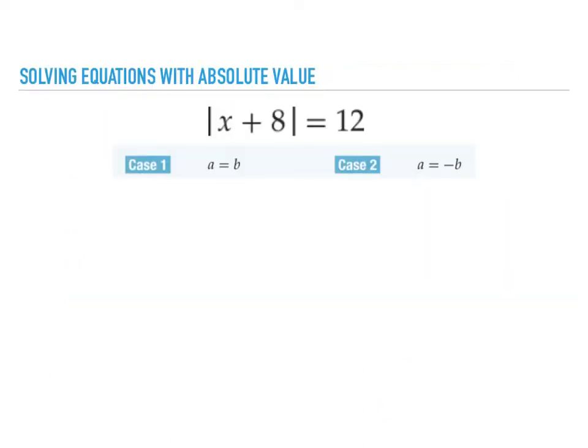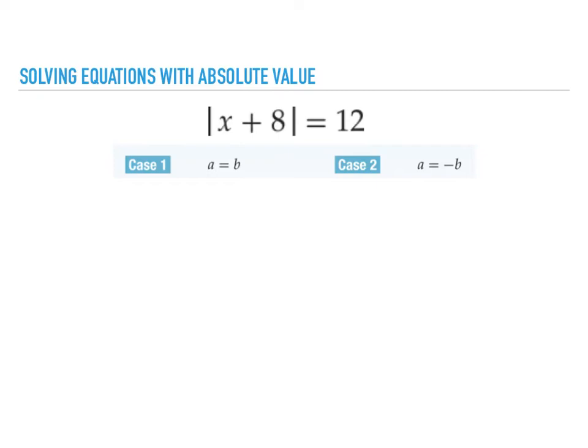Okay, next, when solving equations with absolute values, it doesn't give us a number to plug in. We have an equation and we need to solve for x. In order to get rid of those absolute values, we need to do 2 different cases for this problem.